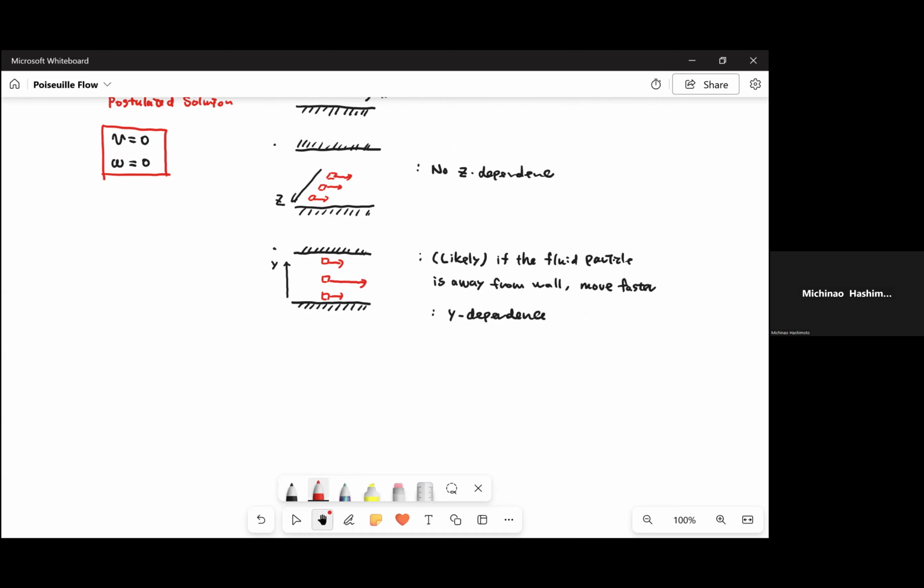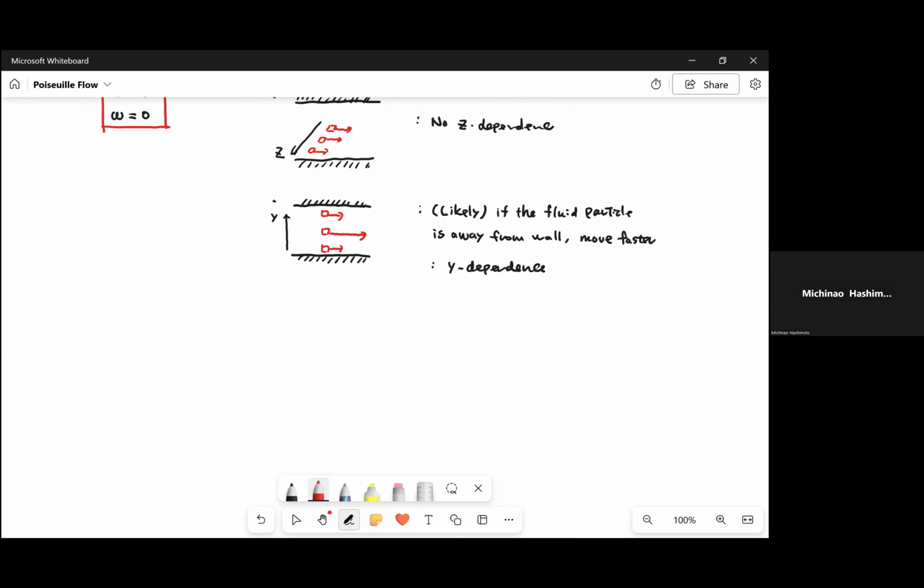Let's just check if the postulated solution satisfies the continuity equation.